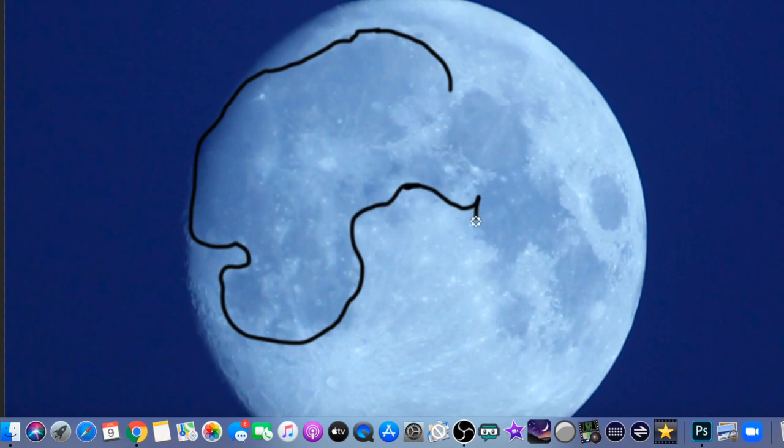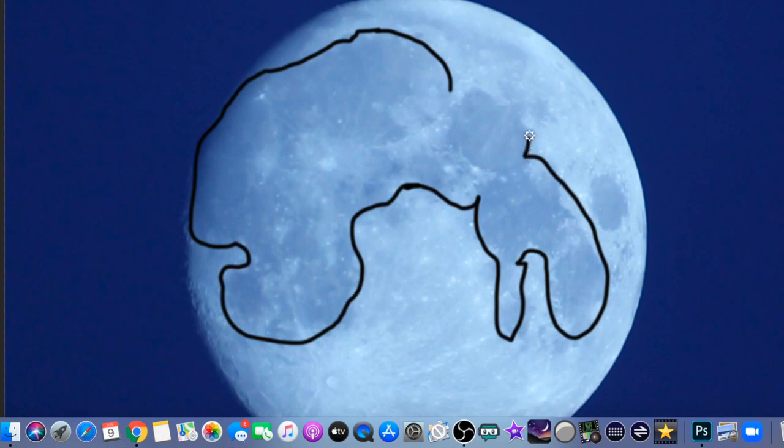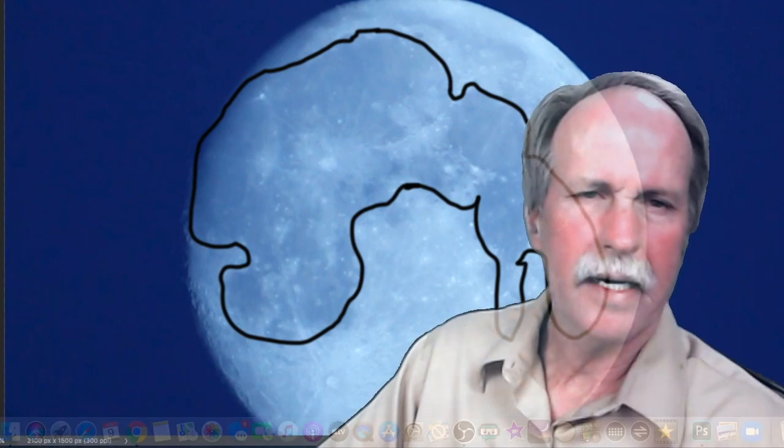Then you see his head, and he's got one ear here, and he's got a second ear here. And then he's got his head and his snout right there. And there's the rabbit. Now we can use this outline of a rabbit to kind of identify the different mare or seas of the moon.